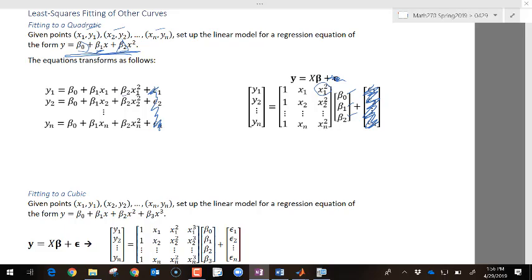In our original matrix for the linear, we had n rows and 2 columns only, for the 2 parameters, beta naught and beta 1. Now for quadratic, you have 3 parameters you're looking for, so this is going to be an n by 3 design matrix.